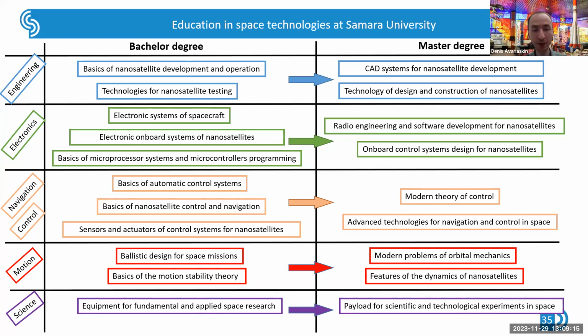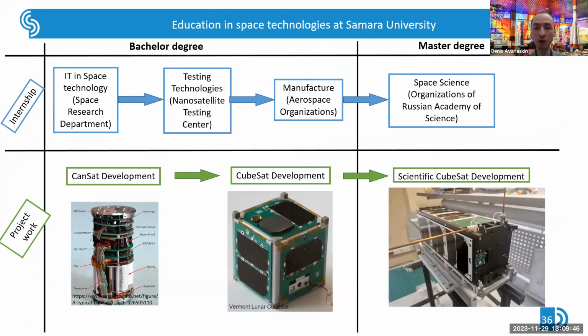The categories are engineering, electronics, navigation and control, so motion, which is ballistics basically, and science, that is, why we need to launch satellites and what scientific tasks we can solve with them. This is the theoretical part of education, and then we have a practical part, the application of the theoretical knowledge that you get in the first part.